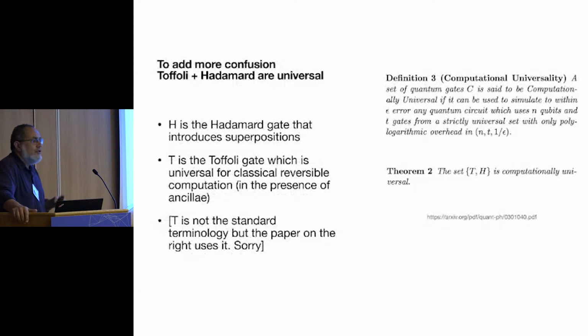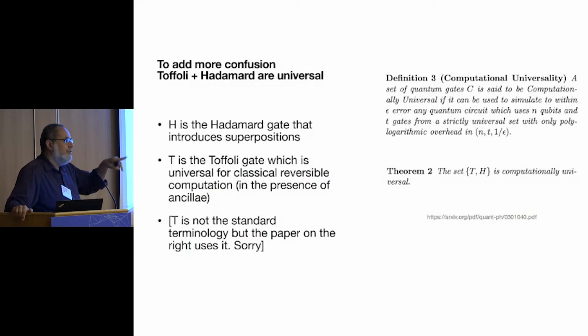So to add to the confusion, there is that well-known theorem. This is from Shi and Aharonov, two different people, but they build on each other, that say that a classical universal gate, which is Toffoli, which unfortunately is written T here, it's not supposed to be T, it's not a good name for it.